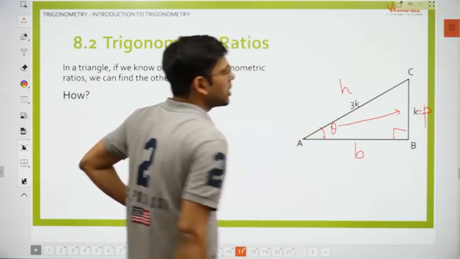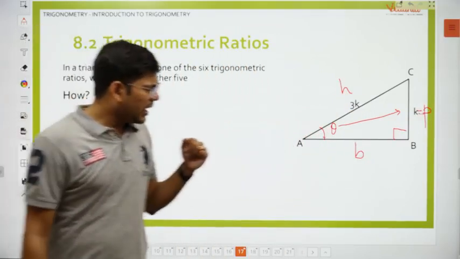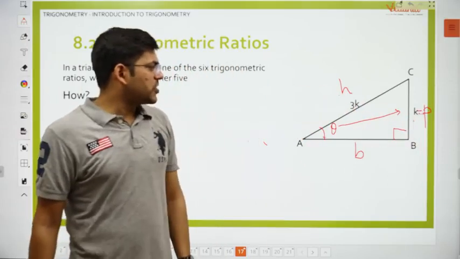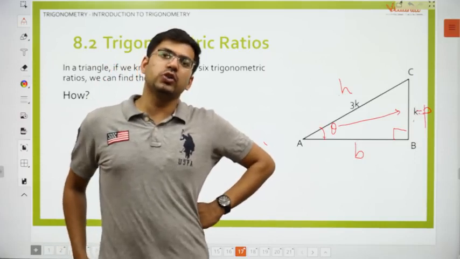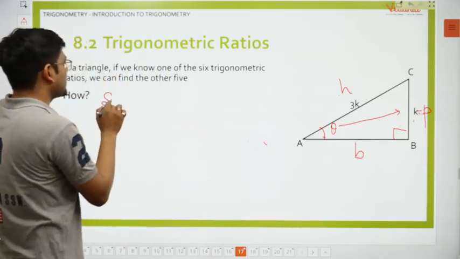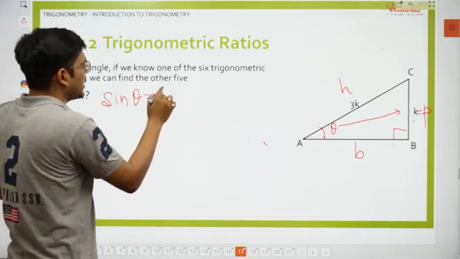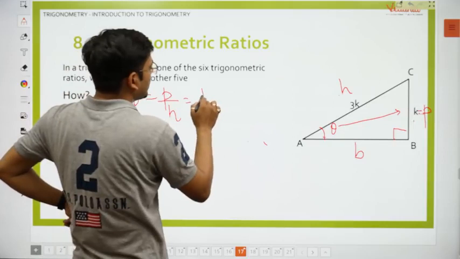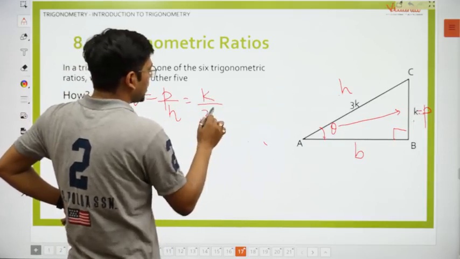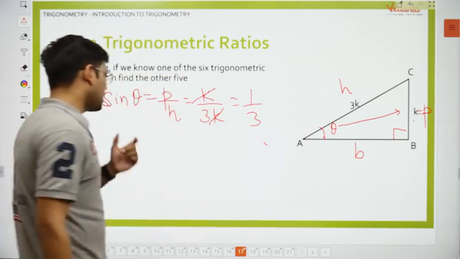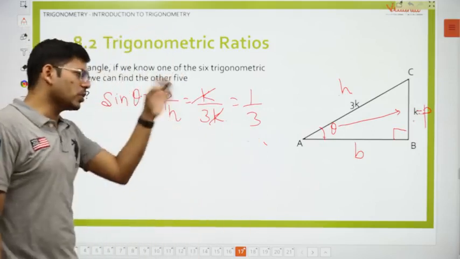We do not know about the base. Guys, can you tell me, if we know perpendicular and hypotenuse, then which T ratio is known? I guess you all know it. This is sine. Sine theta is perpendicular upon hypotenuse. So perpendicular is k, hypotenuse is 3k. k cancels, this becomes 1 by 3. So in this case, we know sine theta.